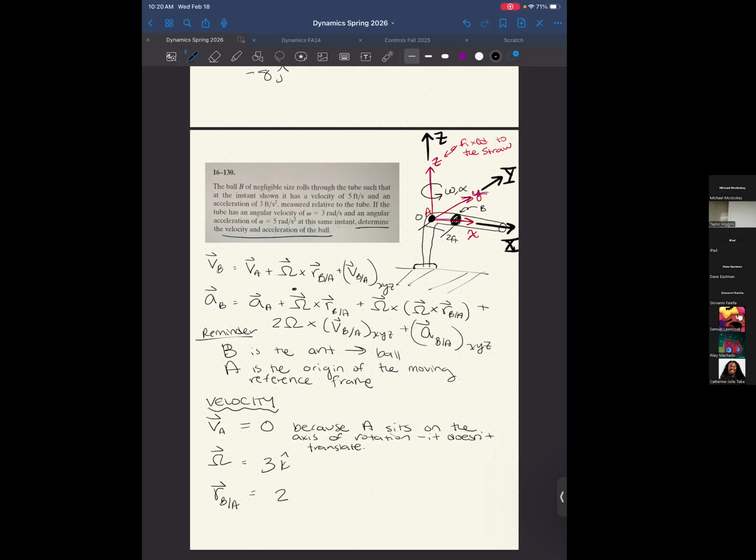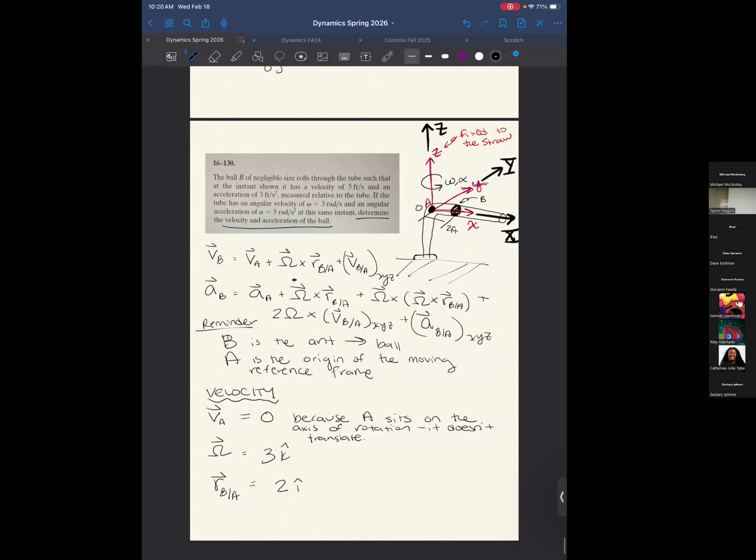Okay, and that's in relation to the reference frame, not the fixed frame. Point A is the origin of the moving reference frame. Yep. Okay. Any other questions about that value?